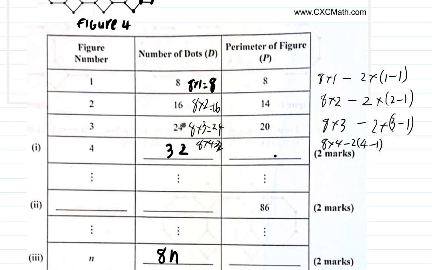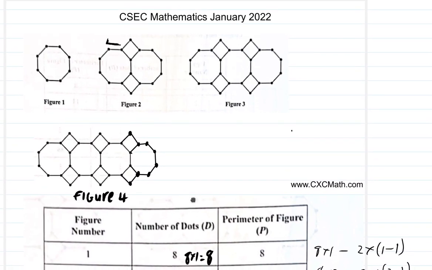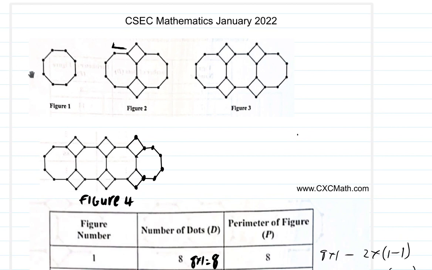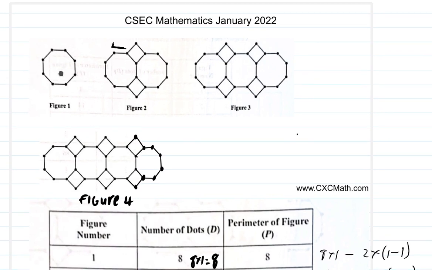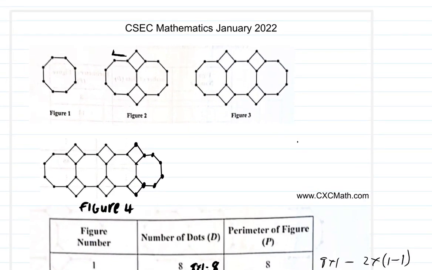Alright. Now, consider the perimeter. You had a perimeter of 8 for figure 1, then 14 for figure 2. How did that happen?